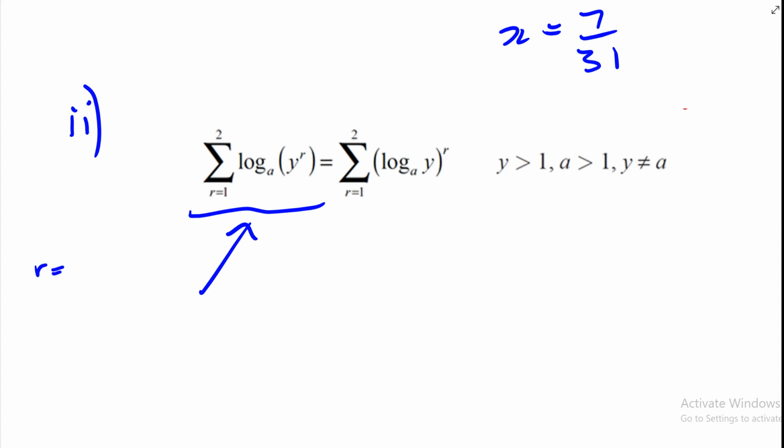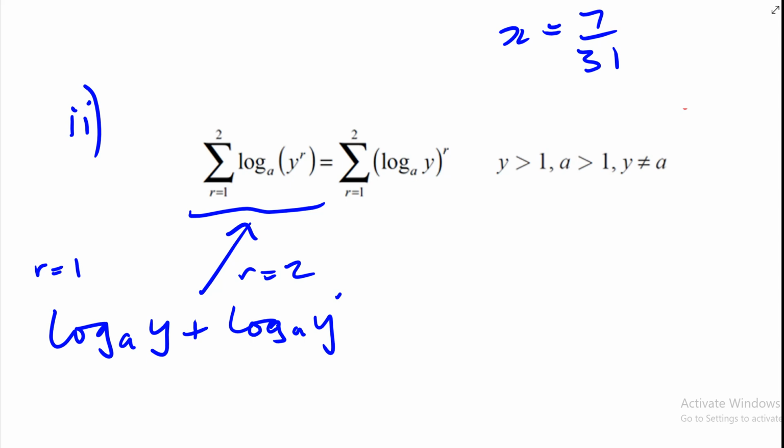So when r equals 1, we're going to get log a of y to the power of 1. Then when r equals 2, we're going to get log a of y squared. Then let's just put a bracket around there.